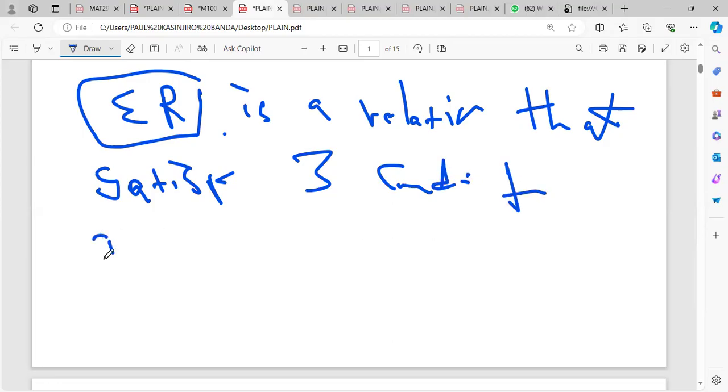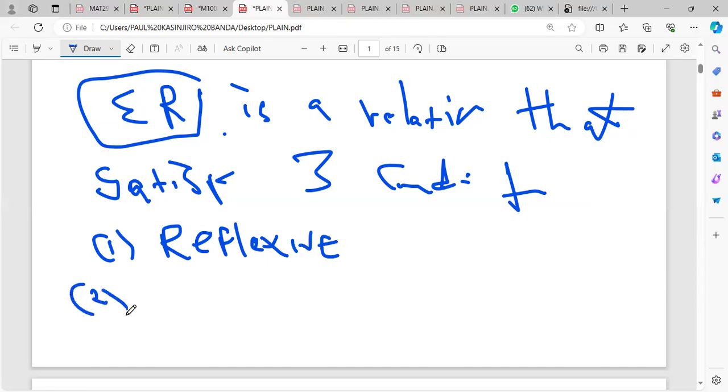One, that relation has to be reflexive. Two, that relation has to be symmetric.